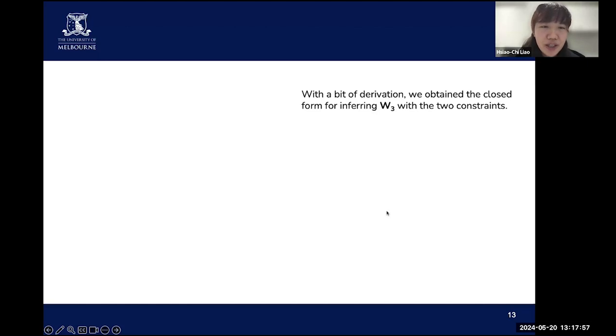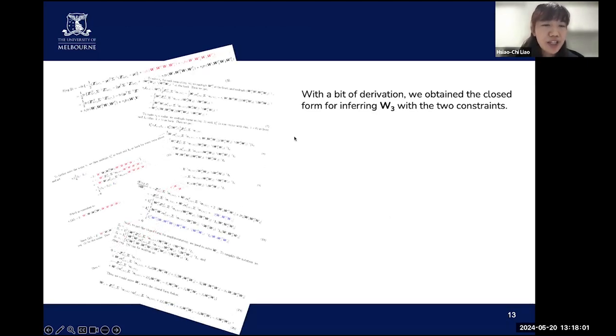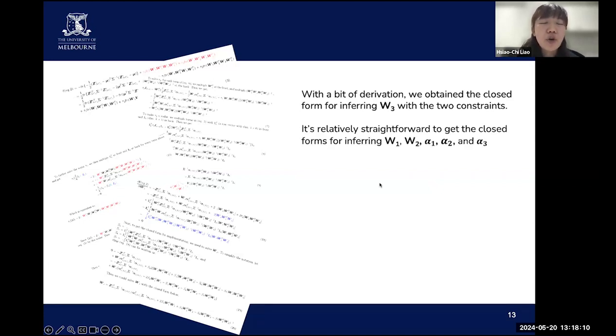Okay, so with a bit of derivation, we obtained the closed form for inferring the shared unwanted vectors with the 2 constraints that I mentioned in the previous slide. And for the other parameters, it's relatively straightforward to get a closed form for inferring the other unwanted components, W1, 2, and alpha 1, 2, 3.